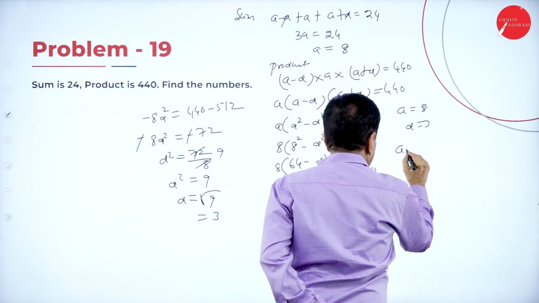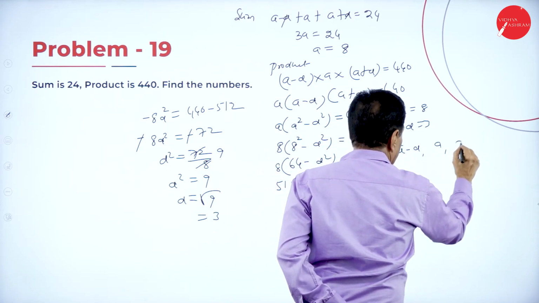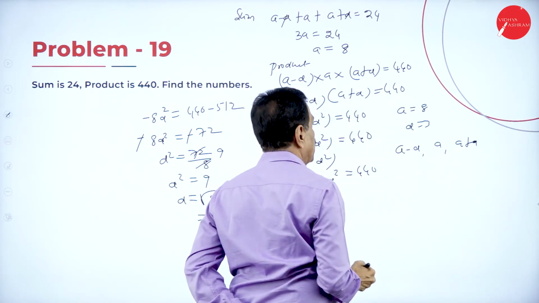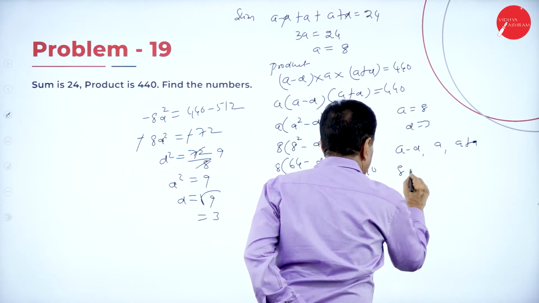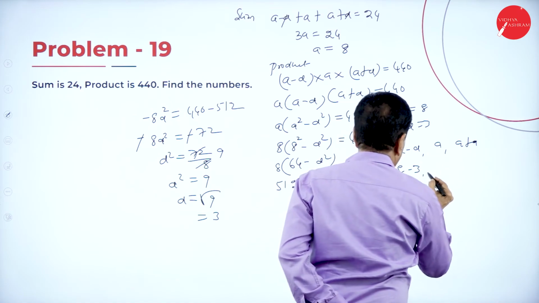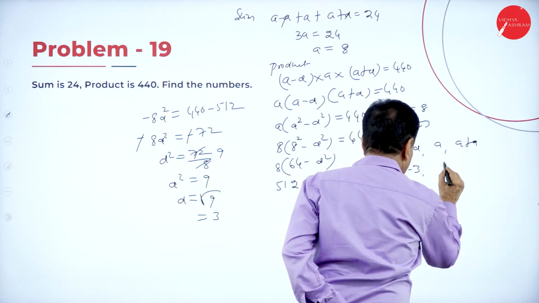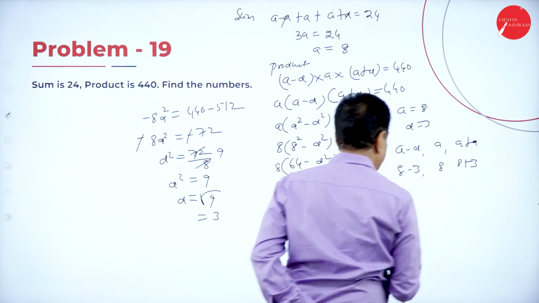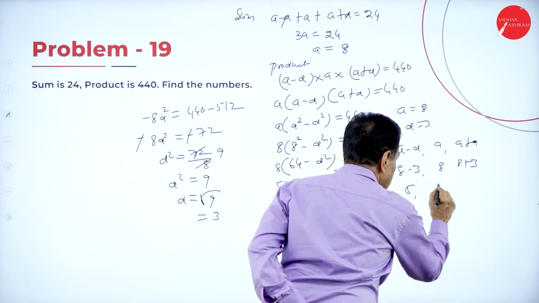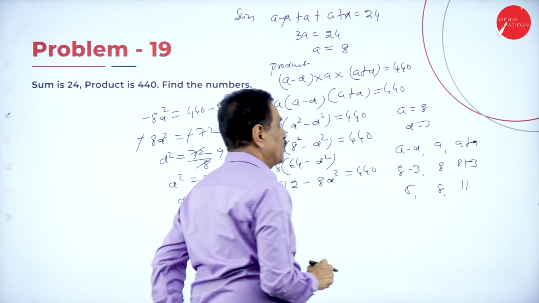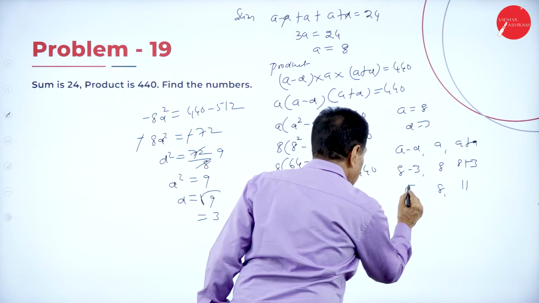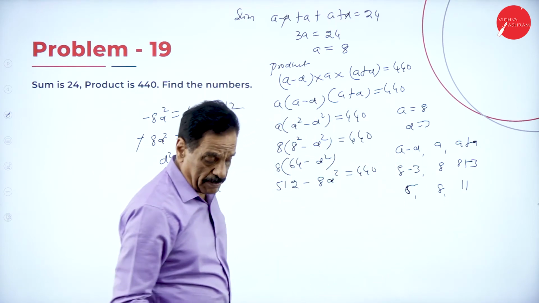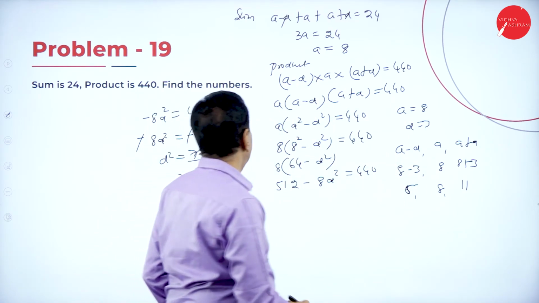So A minus D is 8 minus 3, and A plus D is 8 plus 3. This is 5, this is 8, and 11. So they are in the series 5, 8, 11. Same thing we are solving.